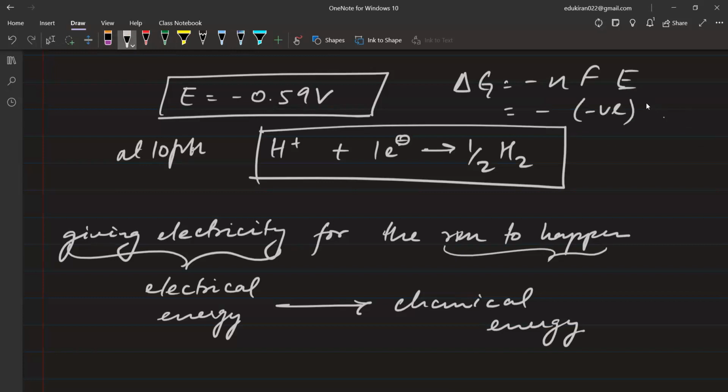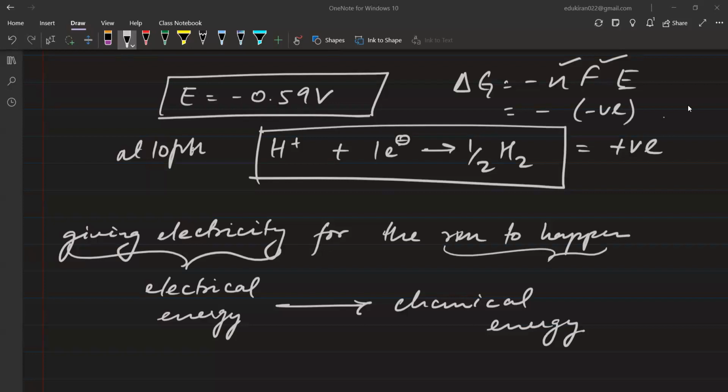Negative है. Number of electrons can never be negative. Faraday's constant is 96500. It is a positive constant. E is negative. So delta G will be positive. And if delta G is positive, the reaction is non-spontaneous. That is why we need to give electricity for this reaction to happen.